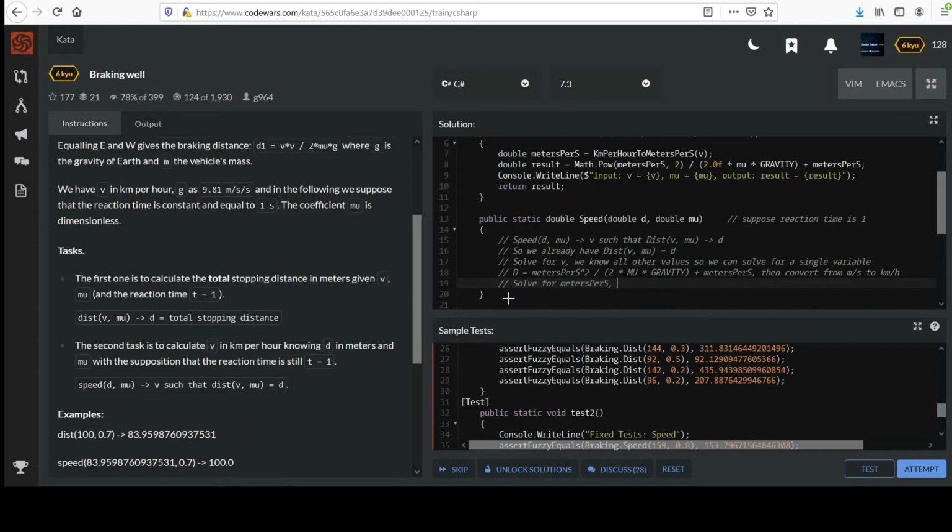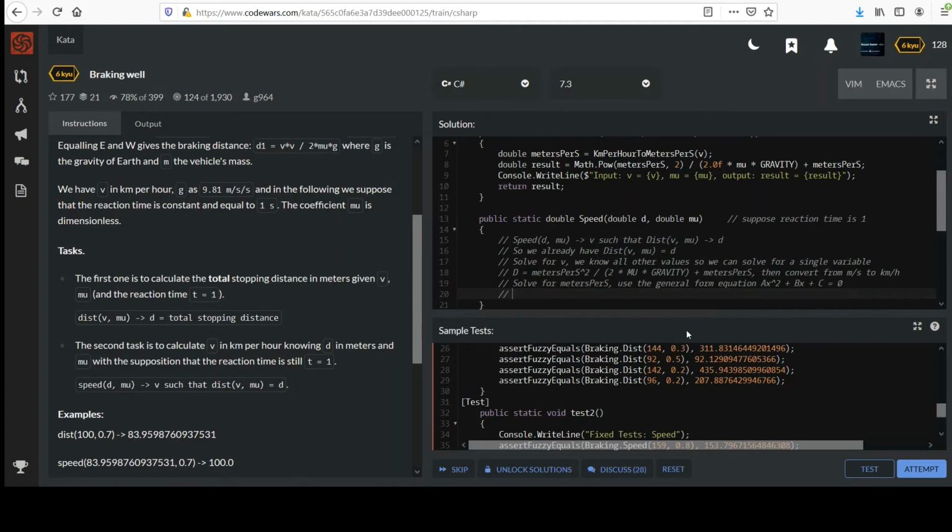And to do that, we can use the general form equation. Hopefully you remember this: ax squared plus bx plus c equals 0. If we put our equation in this form, we can use the quadratic equation to solve for these coefficients. Hopefully you remember this from algebra class, but you can search for general form equation if you don't recall that. So that's the strategy I'm going to use here.